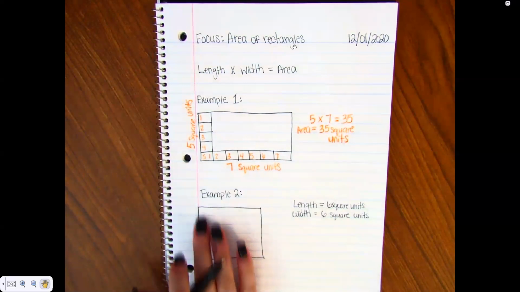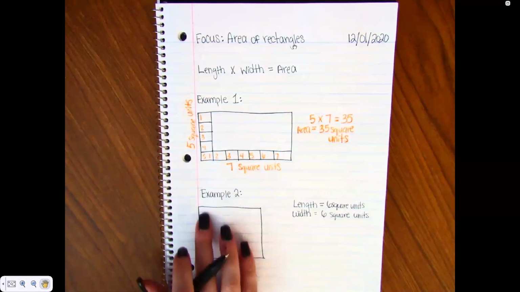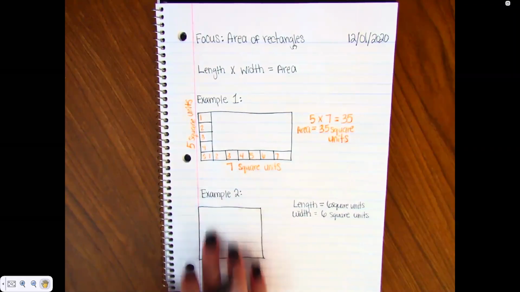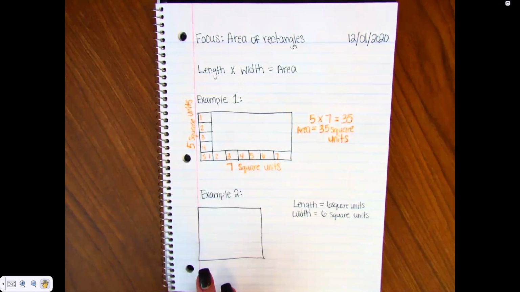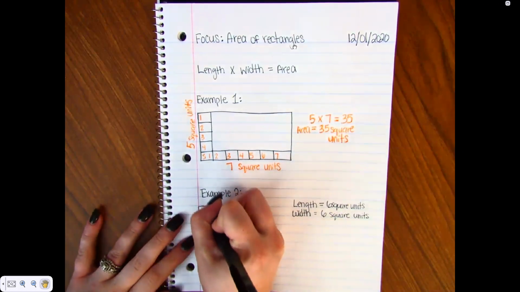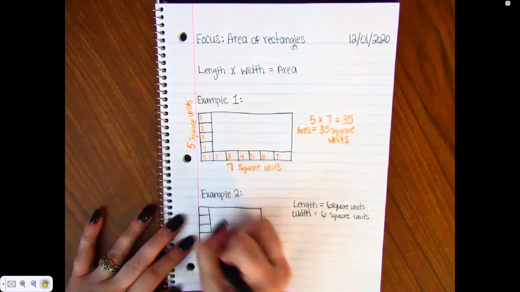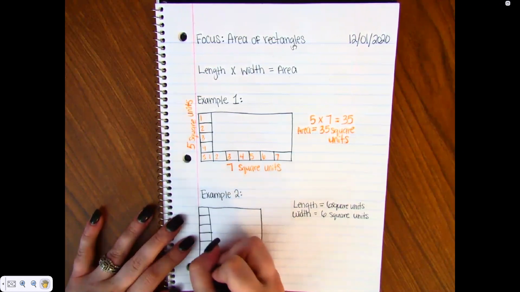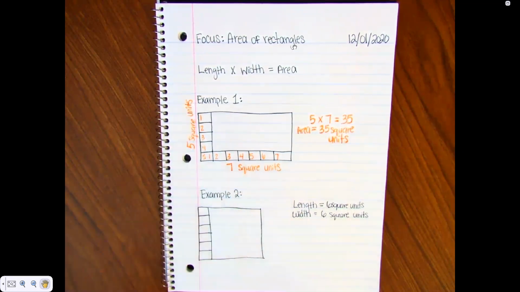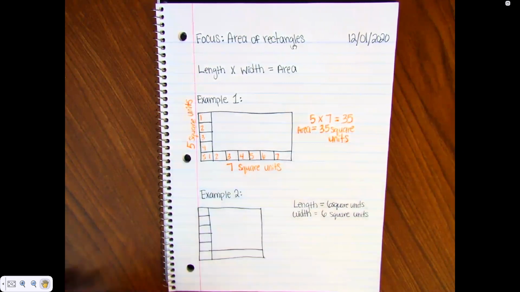So how many should I have? How many square units do I need to have on this side right here for my width? Tony, how many square units do I need to draw? 6. So I'm going to draw a line: 1, 2, 3, 4, 5, and then I have 6. So I have 6 boxes. Now, how many should be on the bottom? How many is my width?